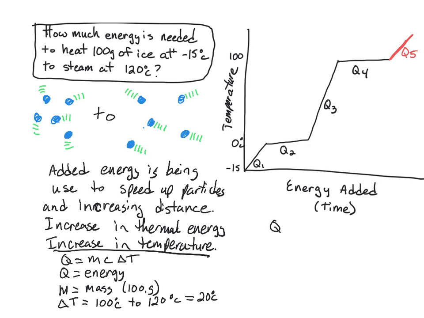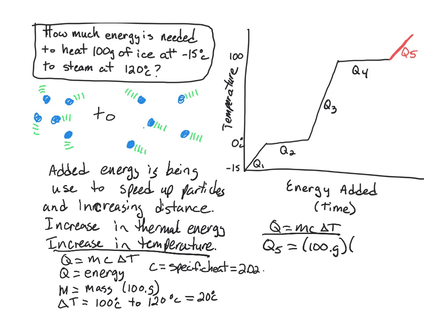So I write my formula down and substitute in my numbers. The energy for Q5 is going to be equal to 100 times, now I forgot the C. C for steam, which is the specific heat, is equal to 2.02 joules per gram per degree Celsius.